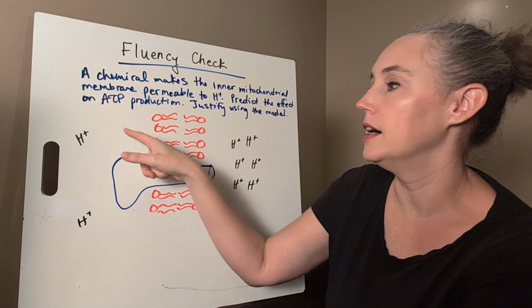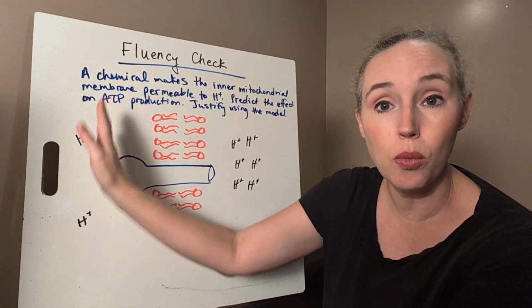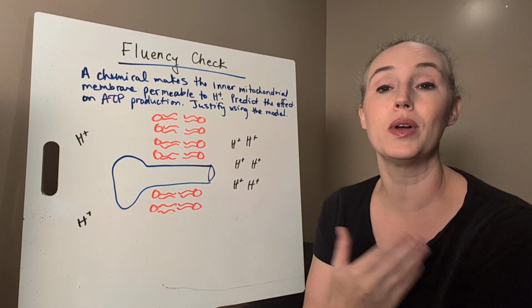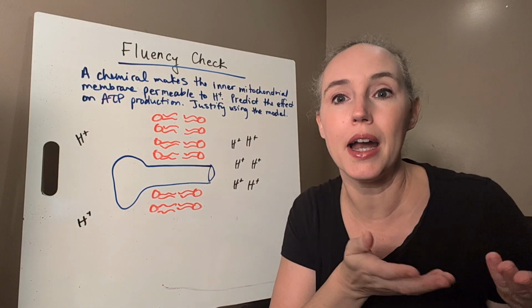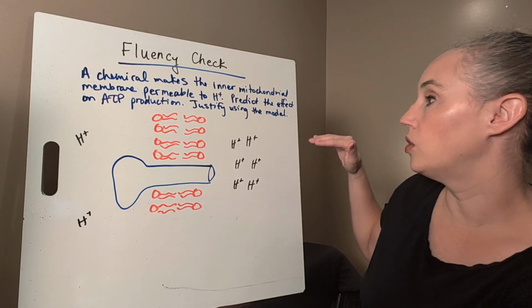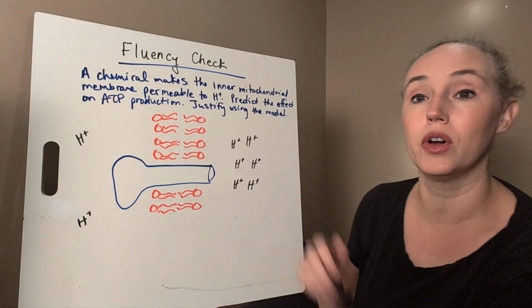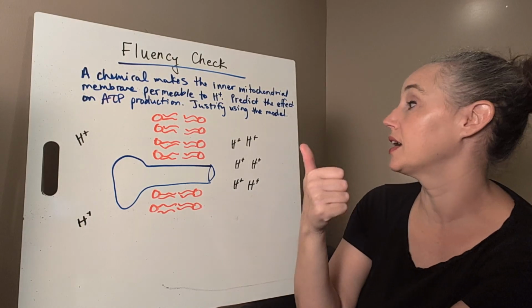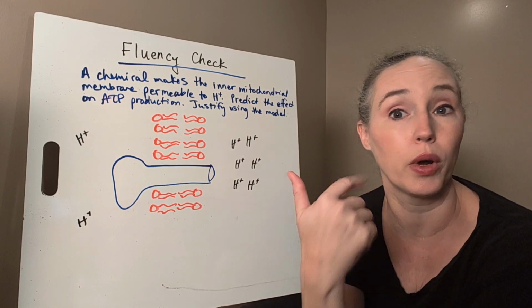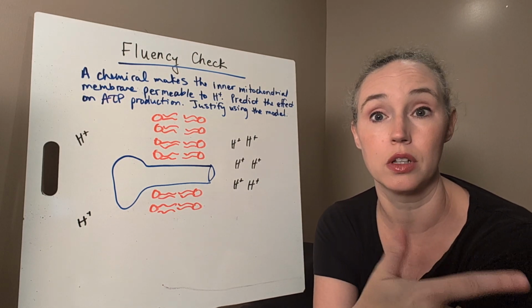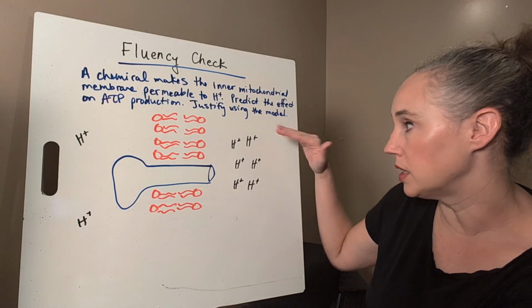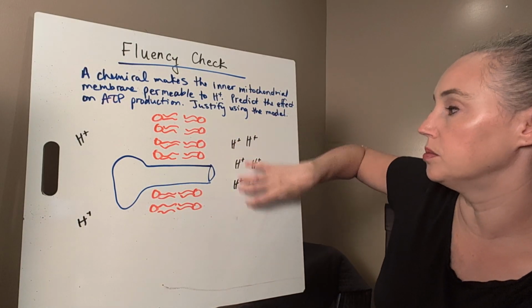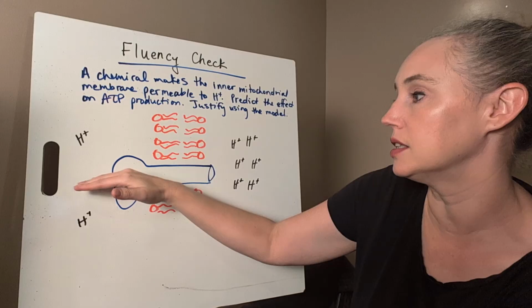And then you've got an area of low proton concentration, right? So we know that molecules move from areas of high to low concentration. So we want to think, first of all, where is the area of high? Where is the area of low concentration? Where are the protons going to flow? So normally in this model, protons will move from this side to this side.